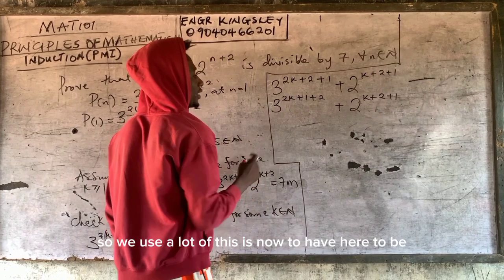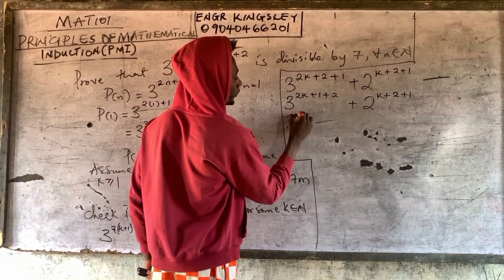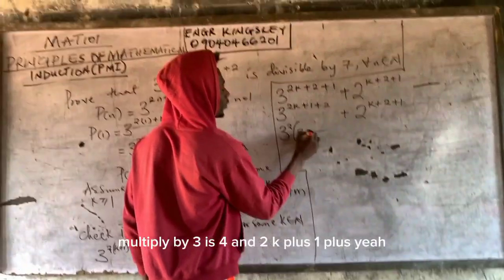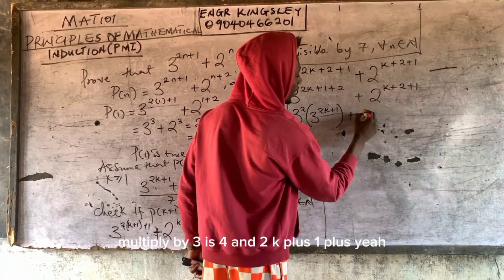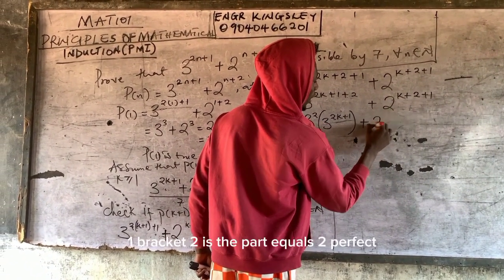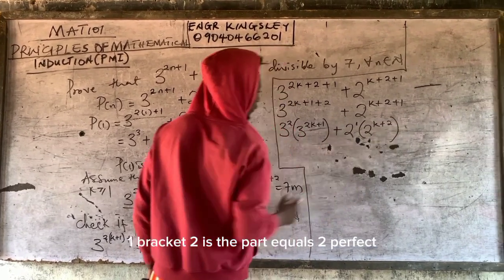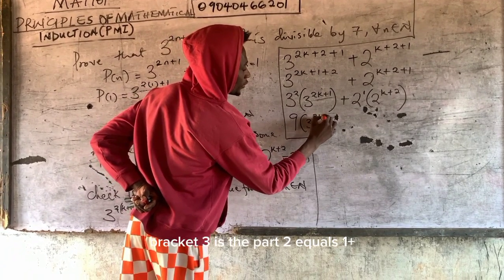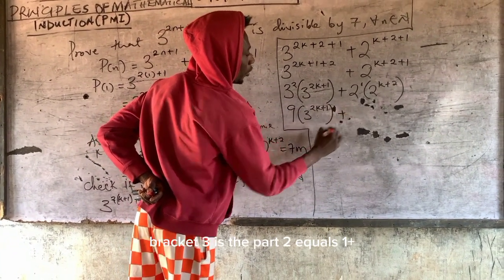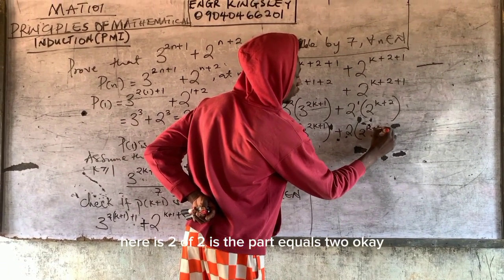So we use the law of indices now to have 3 raised to the power 2 multiplied by 3 raised to the power 2k plus 1, plus 2 raised to the power 1 multiplied by 2 raised to the power k plus 2. Perfect. So here is 9 times 3 raised to the power 2k plus 1 plus 2 times 2 raised to the power k plus 2.